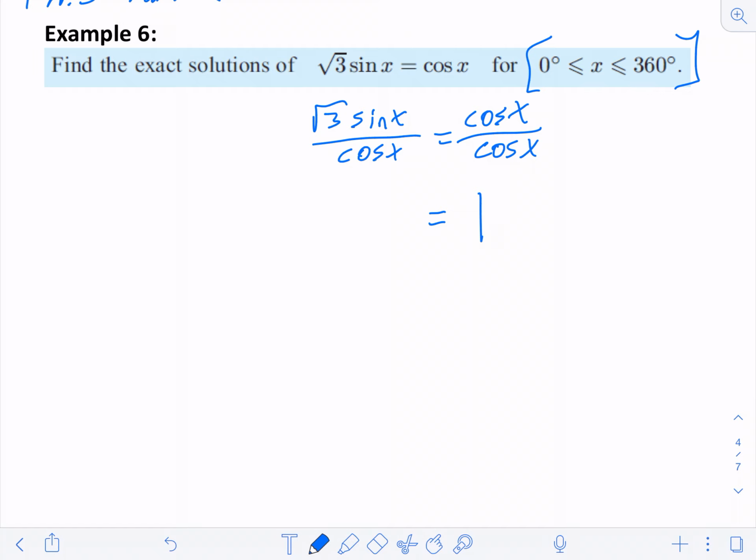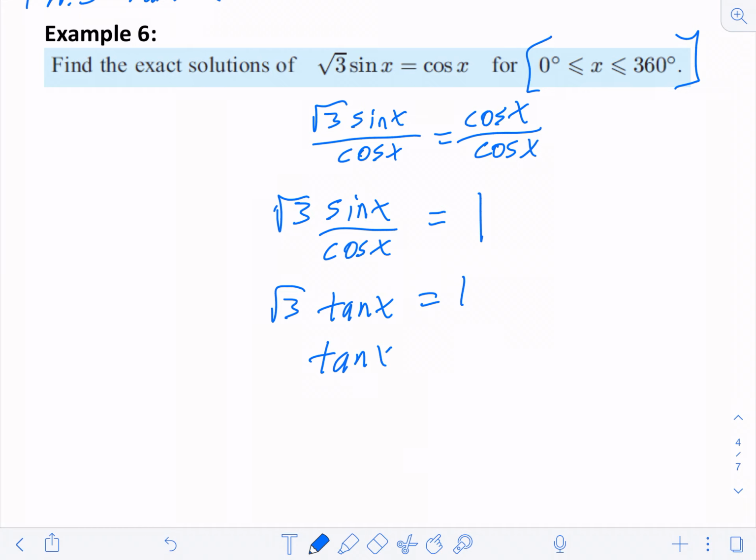Then what do I have over here? Radical 3 sine x over cosine x. Well, what is sine x over cosine x? Isn't that just tangent? So this is going to be radical 3 tangent x is equal to 1. Now I can divide both sides by radical 3. Tangent x equals 1 over radical 3.